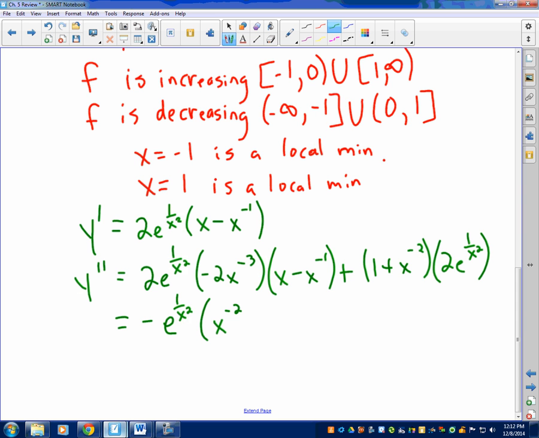I moved that negative out already. x to the negative 3 times x to the negative 1 would be minus x to the, add the powers, negative 4 power. And then plus 2e to the 1 over x squared times 1 plus x to the negative 2.